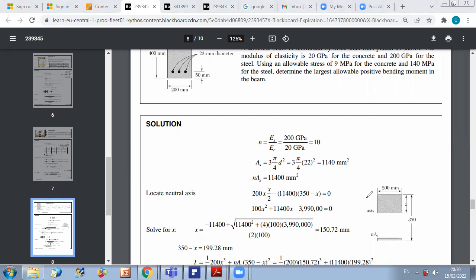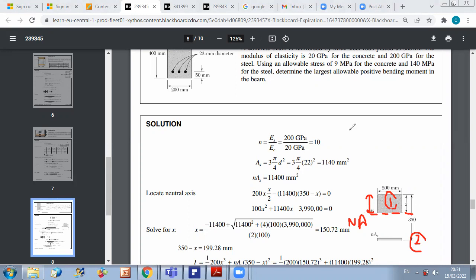Once we know the position of the neutral axis, we move to the step of finding the inertia of the modified cross-section about the neutral axis. Okay, so to get your inertia, you have two parts, part 1 and part 2. For part 1, it's a rectangular cross-section, and the neutral axis is at the edge of your rectangle.